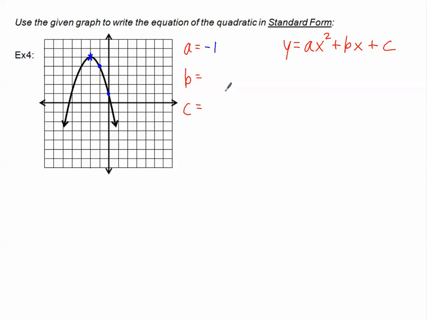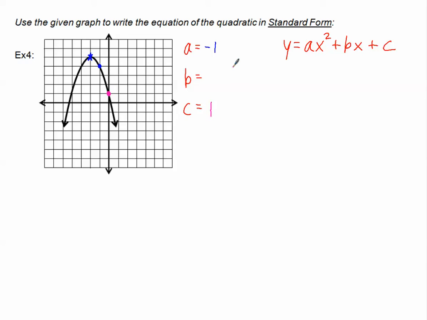The next one that is easy to see is the value of c. The value of c will always be our y-intercept, and that is something that we can see in our graph. Here is our y-intercept right here, and that must be the value of 1. It is (0, 1) as an ordered pair, so c must be 1.